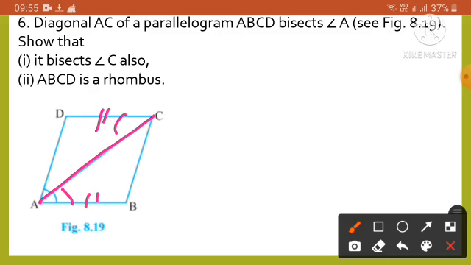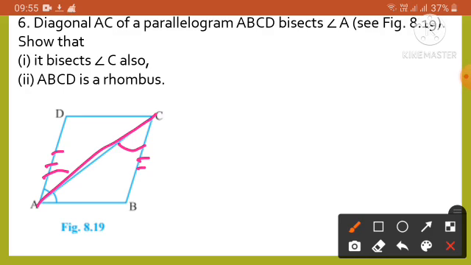And also BC is parallel to AD here, and AC is a transversal here also. So we can say that angle DAC and angle BCA are equal, as those are alternate interior angles.